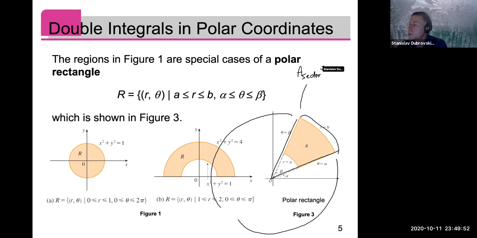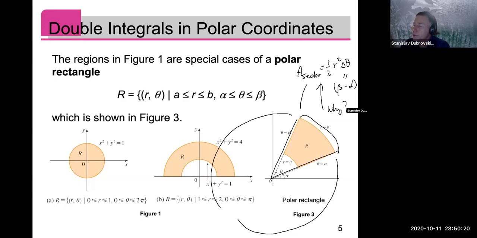And see if we get this result. 1/2 r squared theta. And theta here will be, I guess, delta theta. In this case, beta minus alpha. So see if we can prove it. Question is why.